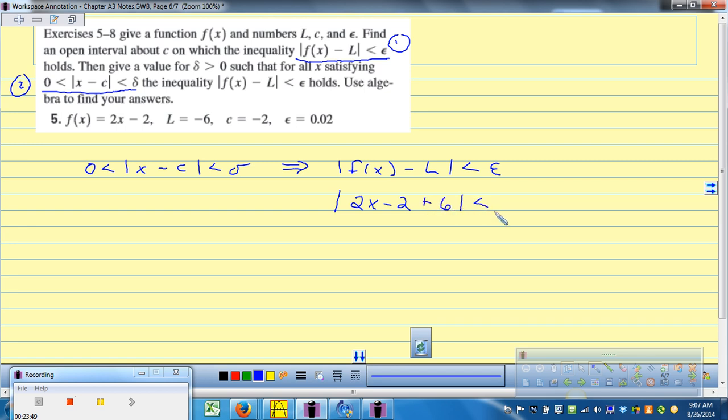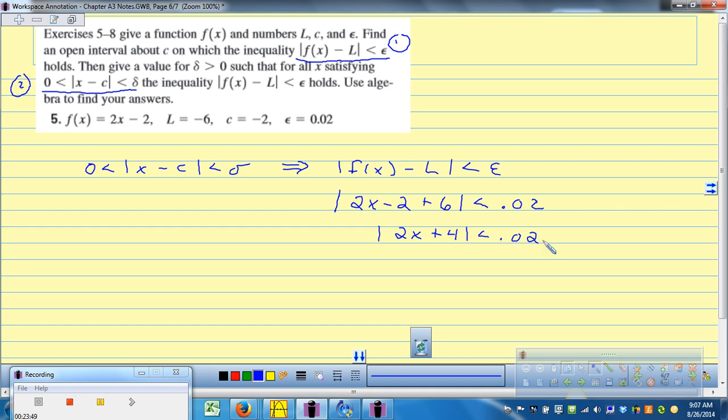Is less than, what's my epsilon? 0.02. All right, and this we're going to solve for x. So we have our input into the other part of the definition. So this becomes absolute value of 2x plus 4 is less than 0.02.